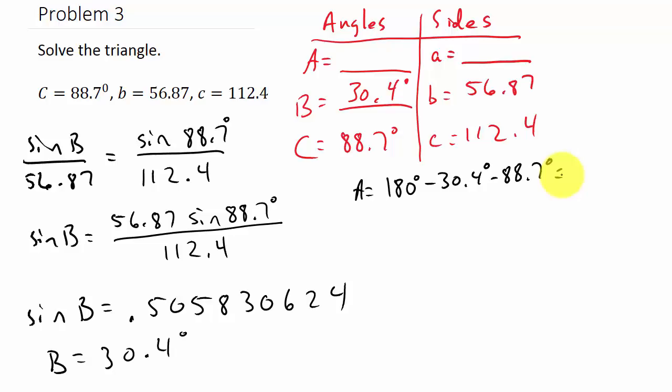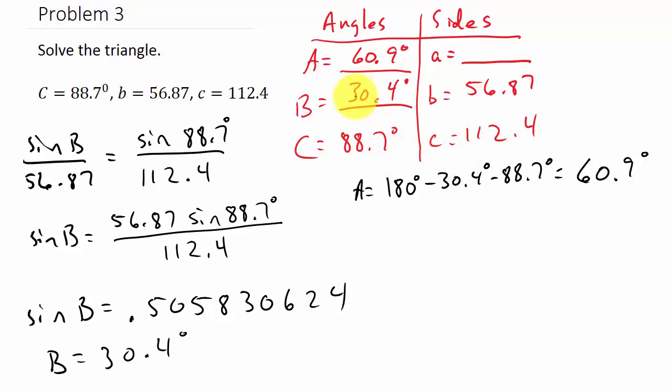And so that is 60.9 degrees. And so angle A is 60.9 degrees. And now we can solve for side A. And just like I explained in the first video, I'm going to use the information for angle C and side C because both of those are given.